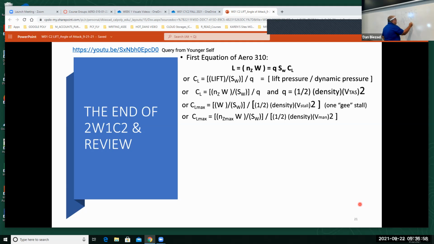divided by dynamic pressure. And then I know dynamic pressure is equal to N_z W over S W. I can replace the dynamic pressure with 1/2 density times true airspeed squared, or I could replace that with 1/2 the sea level density times V equivalent squared.